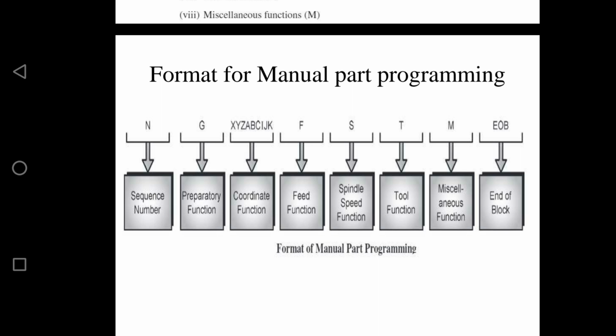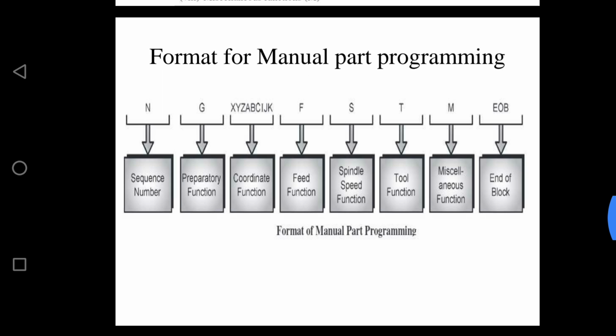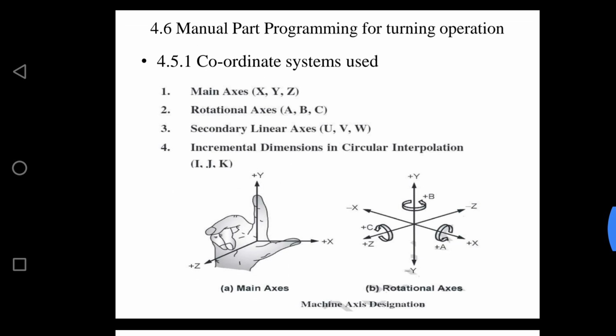Then the sequence number, then the preparatory function G, then coordinate functions, then the feed function, then the spindle speed and tool function. If we have any miscellaneous function, we add it. Then we write the EOB, the end of the block, or the end of the program. So this is the format for writing the part program.